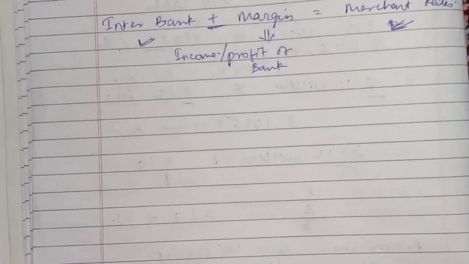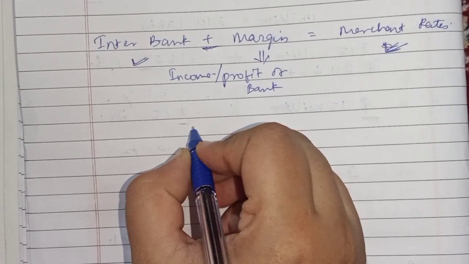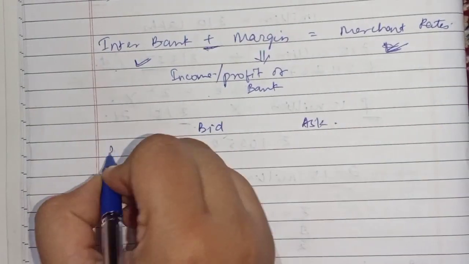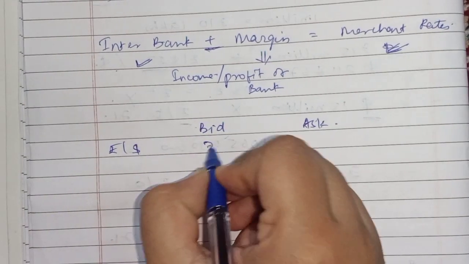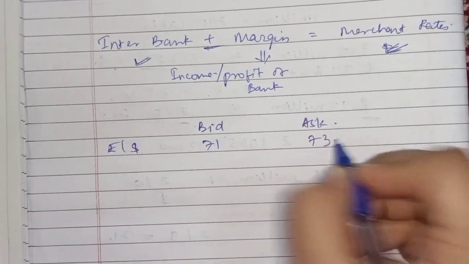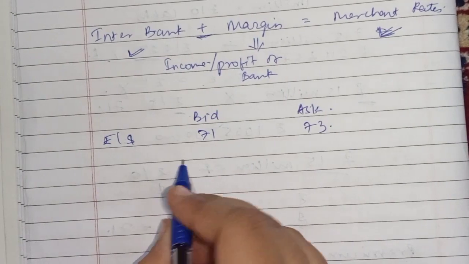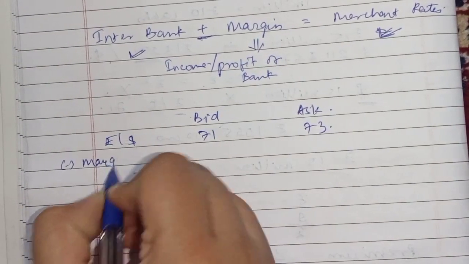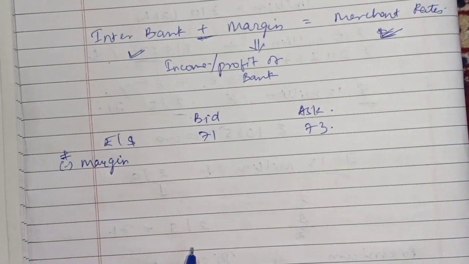So one question will arise in your mind: what should we do when we are given a two-way currency quote, like rupee per dollar 71 and 73? How do you have to consider the margin? Either we will add it or deduct it. So what will be the case?